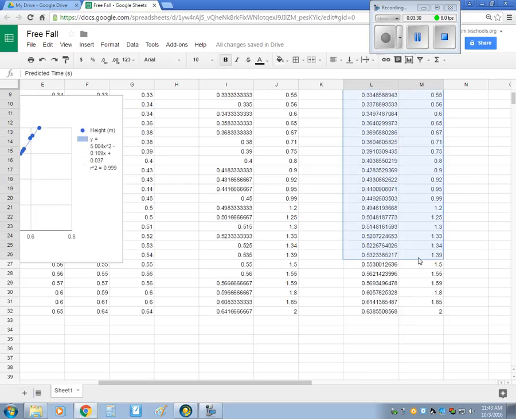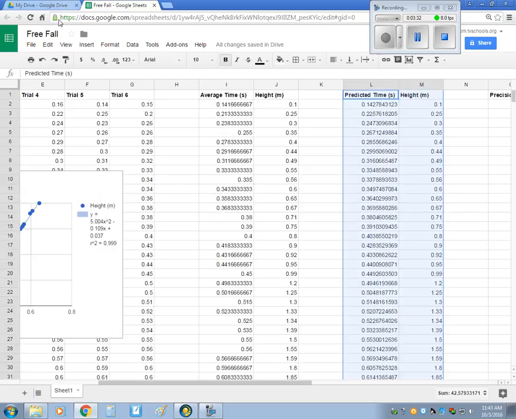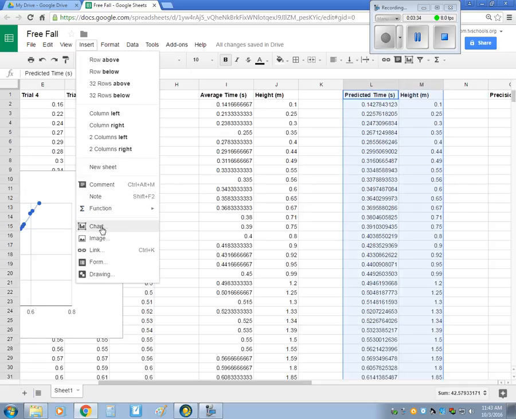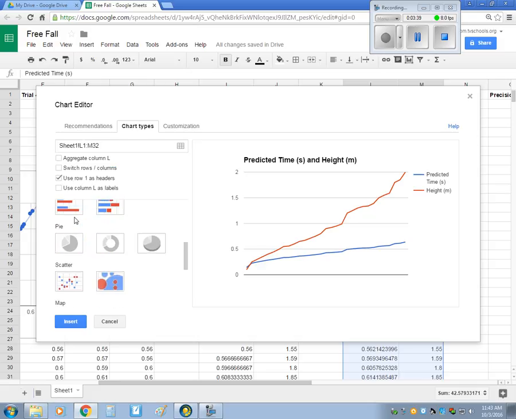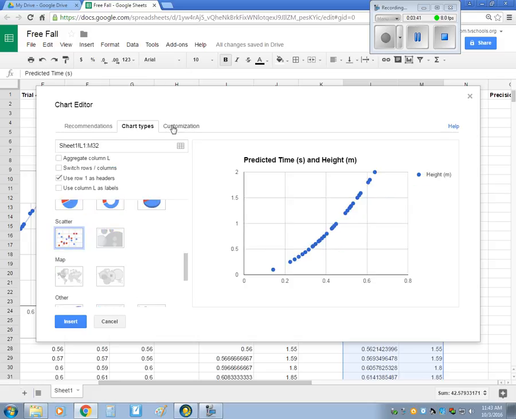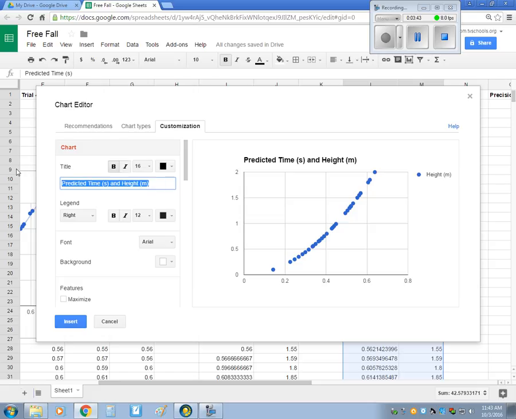Now I'm going to highlight this data, and I'm going to insert a chart. Again, I'm going to make a scatter plot. Under customizing, this will be my predicted data.